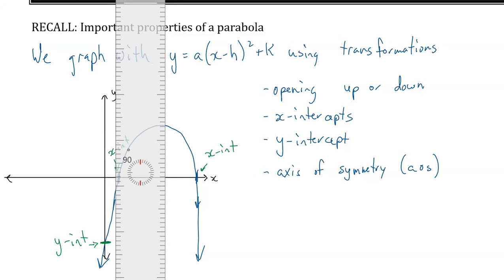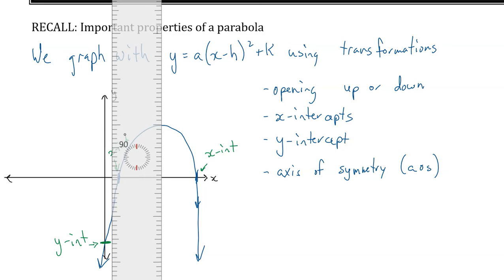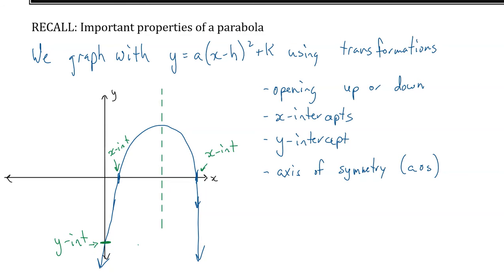Remember, the axis of symmetry is a vertical line that goes through the vertex, so I'm just eyeballing this, obviously, in this case. The axis of symmetry will be x equals some value. That is the x value of the vertex. The axis of symmetry always goes through the vertex.